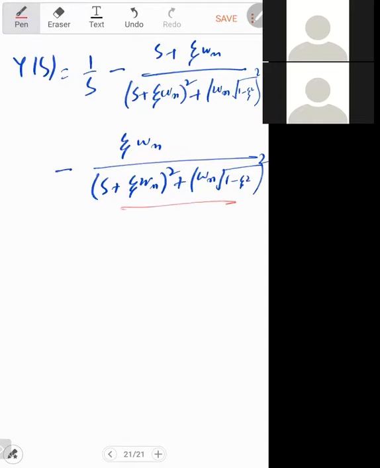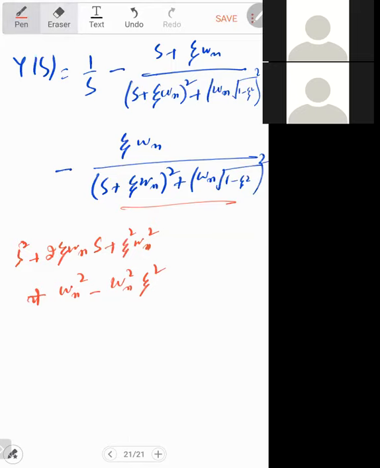This is straightforward, the denominator polynomial. You see that this will become equal to s square plus 2 zeta omega n s plus zeta square omega n square, and then this one will become equal to omega n square multiplied by this one, so omega n square minus omega n square zeta square.